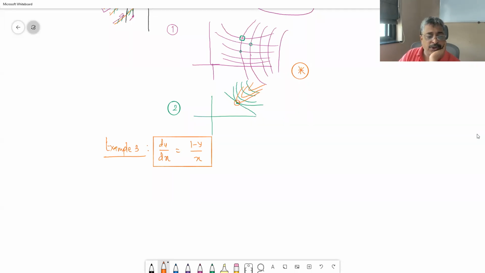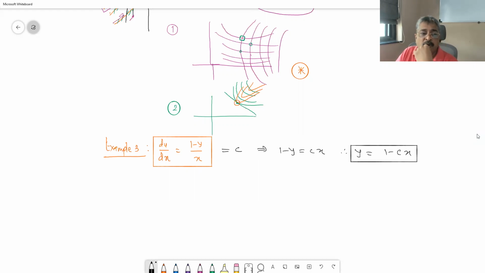If we follow our procedure, this is equal to c, and therefore 1 minus y is equal to cx. Therefore y is equal to 1 minus cx is going to be our equation for drawing isoclines for different values of c. So if you start, c is equal to 0, y is equal to 1 is going to be your isocline.